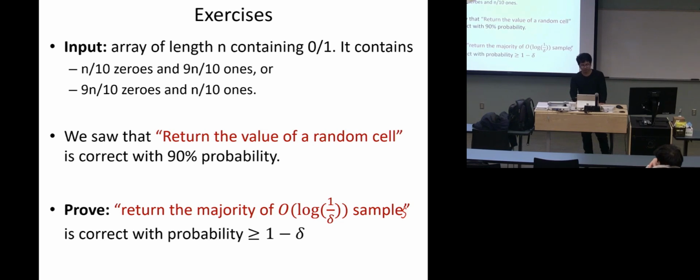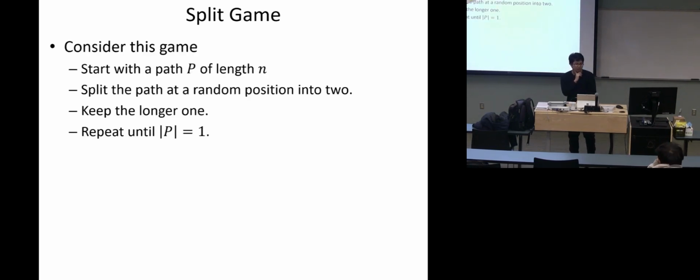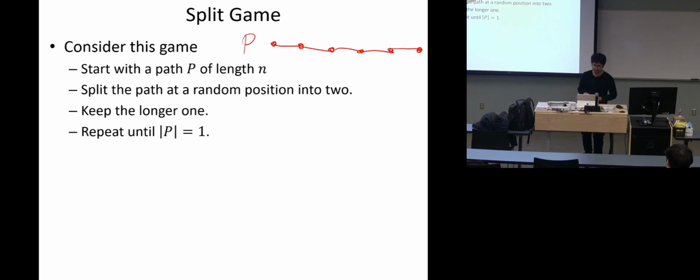This is going to be simple, but let me look at more complicated things. Let's look at this process where suppose that you have a path of length n, so n plus 1 nodes maybe. This is a discrete path.